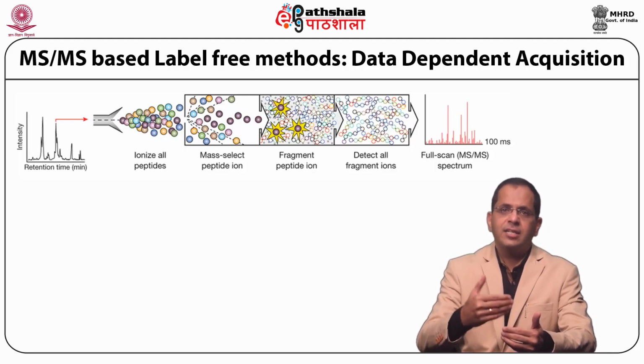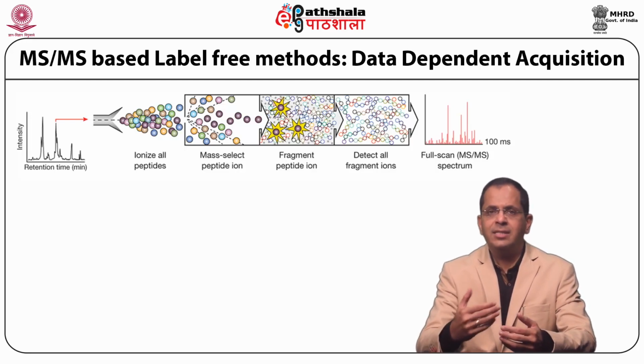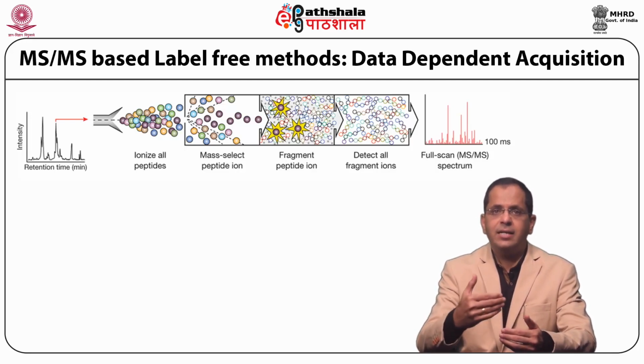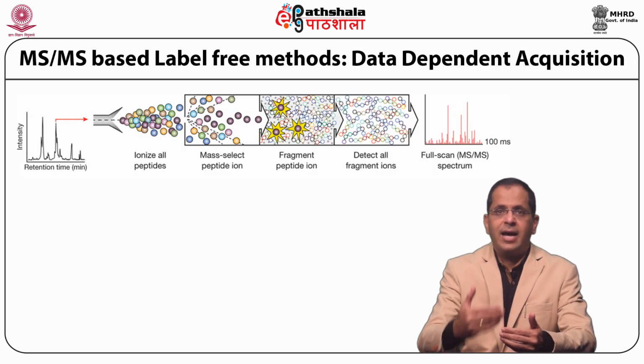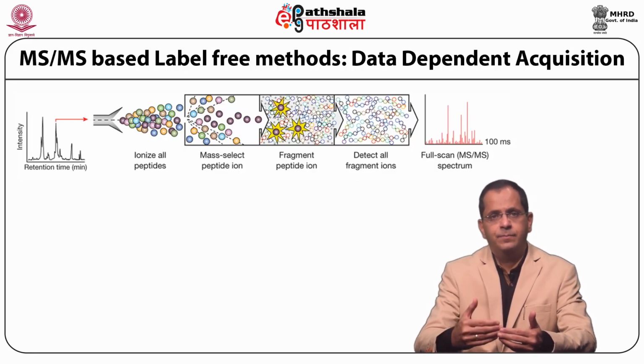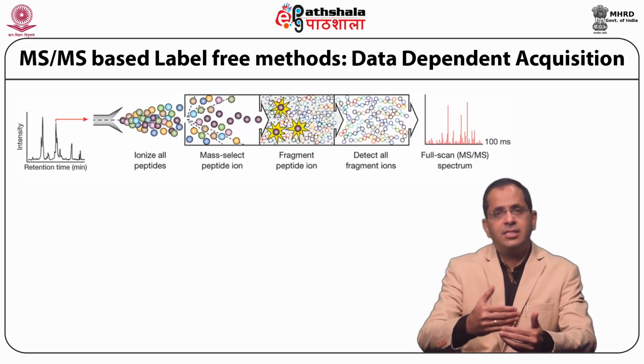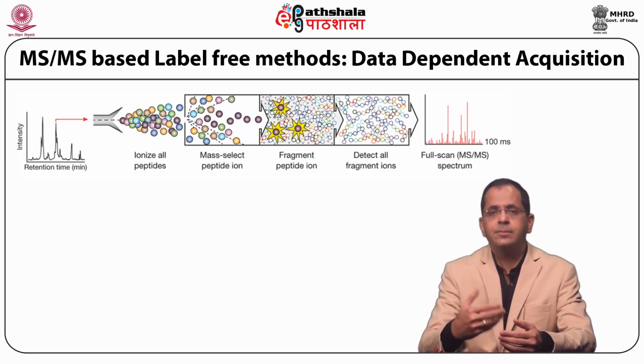The quantification relies on the assumption that in data dependent acquisition analysis, the sampling probability of a protein is a function of the protein's abundance in the sample. Quantification is done using either spectral counting or spectral peak intensities.